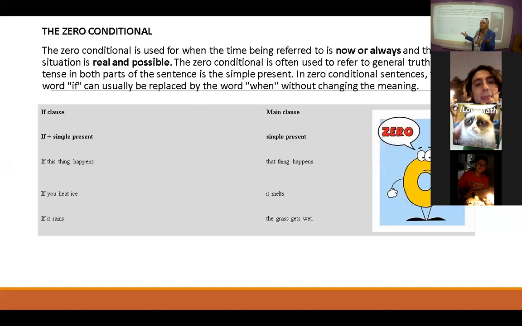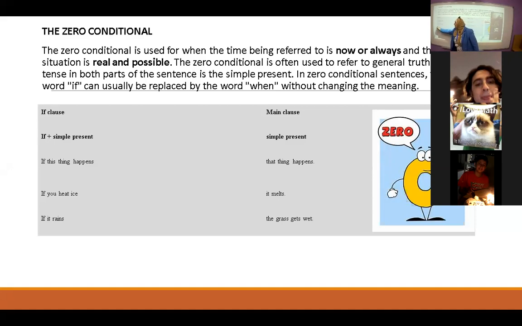Do we have any helping verbs in this sentence? Any auxiliaries? Do we need to add anything to make this sentence correct? No. Zero conditional is used for general truth and scientific facts, and the structure is as the following.